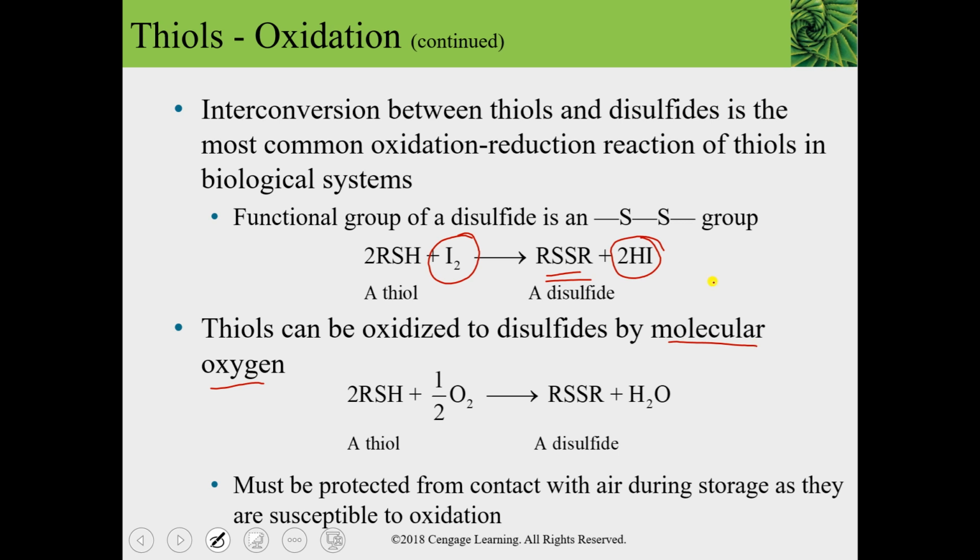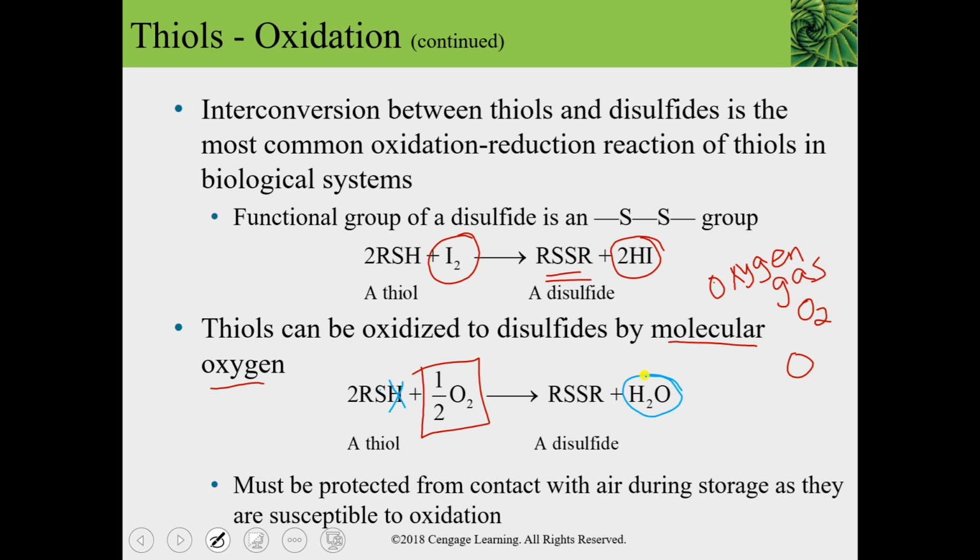Well, we know oxygen gas is O2. Molecular oxygen here is just a single oxygen, half of O2. When we do this, the hydrogen comes off, and we're going to get water, and a thiol converted to a disulfide.